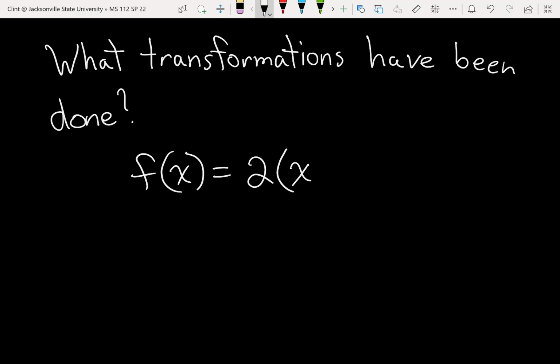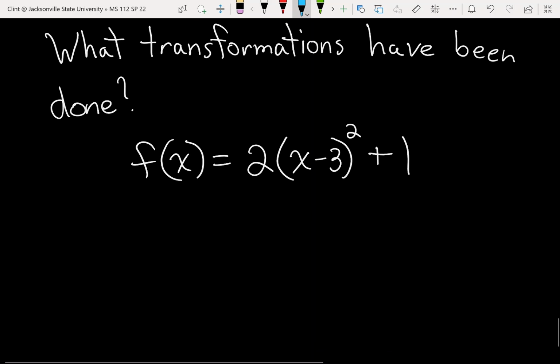We've got 2 times x minus 3 squared plus 1. So what all's been done to this one? We really have 3 things. So we can name them in any order. Okay. What do you see?